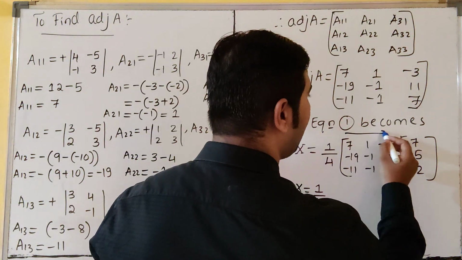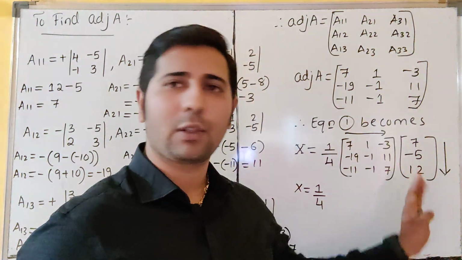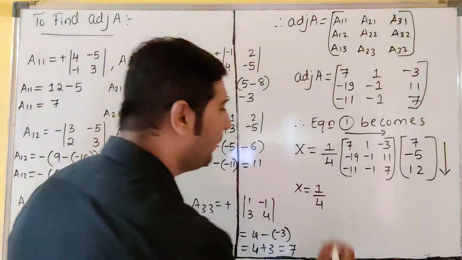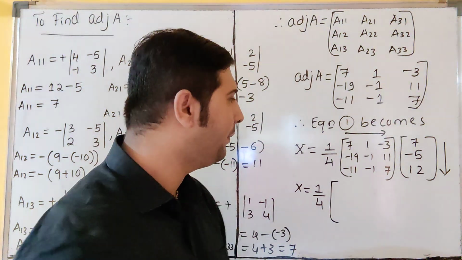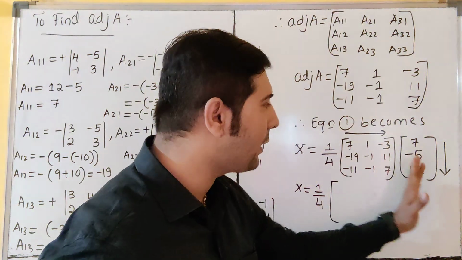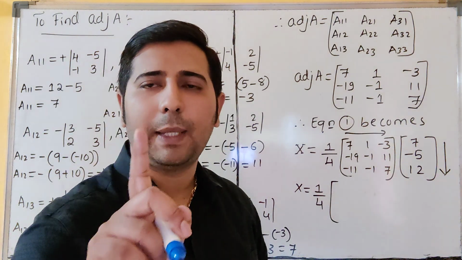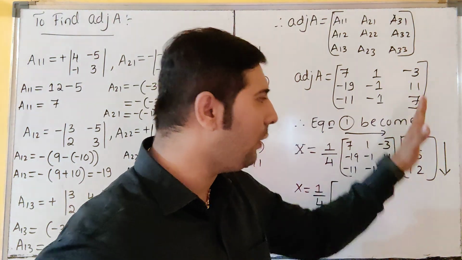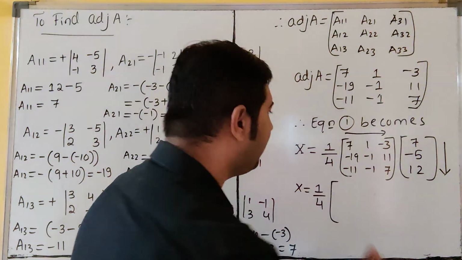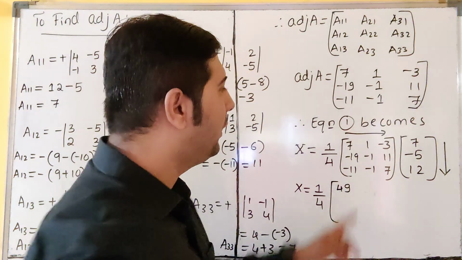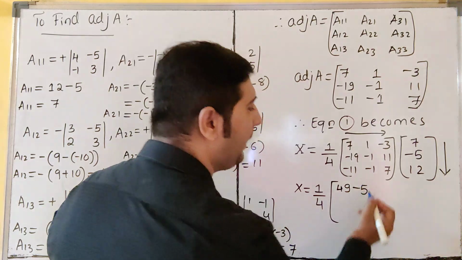So now first you multiply this into this. Matrix multiplication you know very well. First row, first column you have to multiply. See here, both are written in matrix form. First row, first column: 7 into 7 is 49. Then 1 into minus 5 is minus 5.